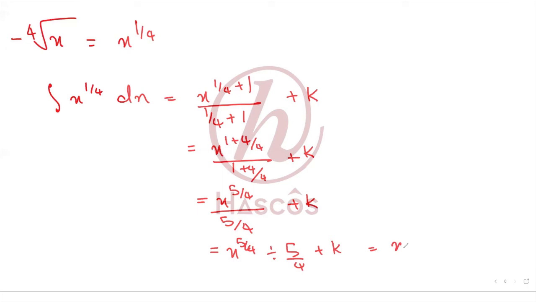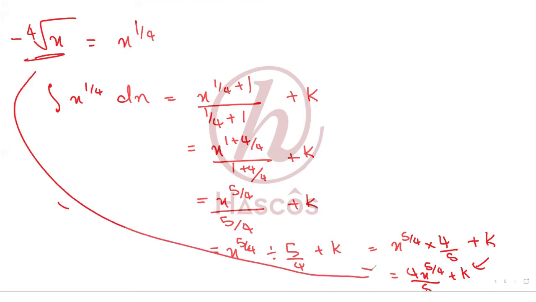This can be further simplified: 5 upon 4 becomes 4 upon 5, so we get 4 x to the power 5 upon 4 over 5 plus k. This is what you get after you integrate this.